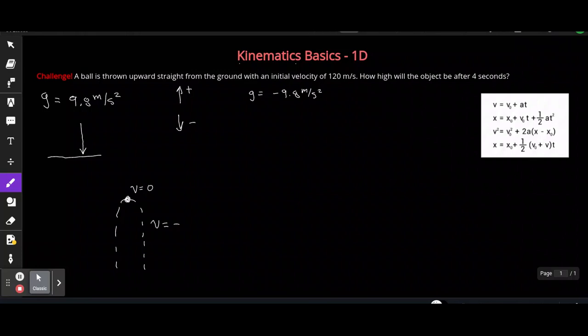For example, if my initial velocity is 10 meters per second throwing up, my ball decreases in velocity because acceleration pulls down, opposite to the direction of my initial velocity.